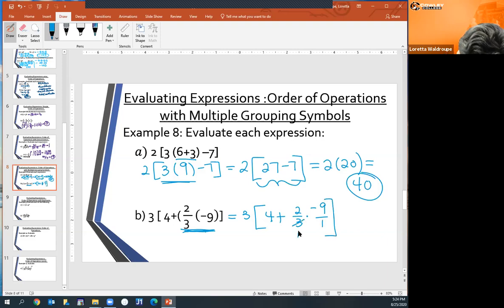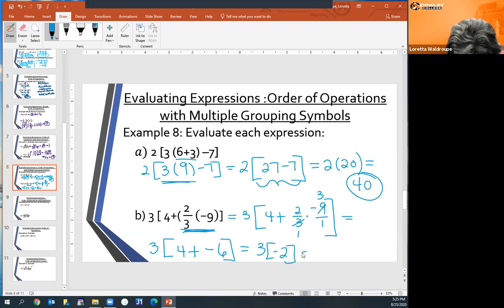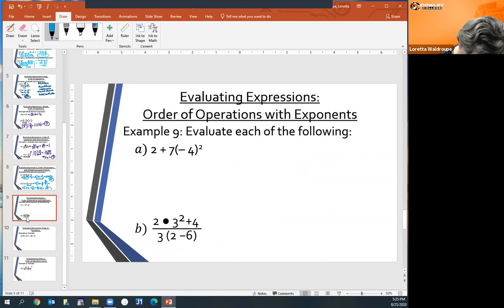So my 3 cancels into 9 and leaves a 3. So I have 3 bracket 4 plus. On top I have a -6, and on the bottom I just have 1 now. 4 plus -6 is -2, and 3 times -2 is -6. Okay?